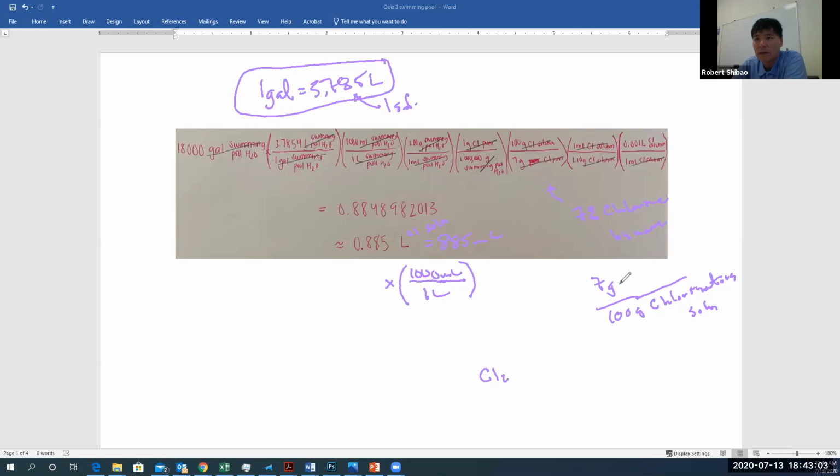It contains something like bleach, which is sodium hypochlorite, and in that, it has 7 grams. We're going to talk about this today, but usually the chlorinating solution consists of bleach like this, and then there's chlorine here. So it's not 7 grams of pure sodium hypochlorite. It's 7 grams of actual chlorine atoms contained within this.